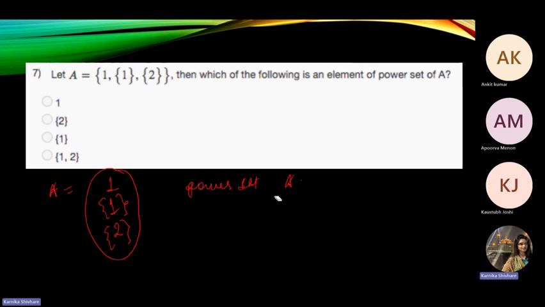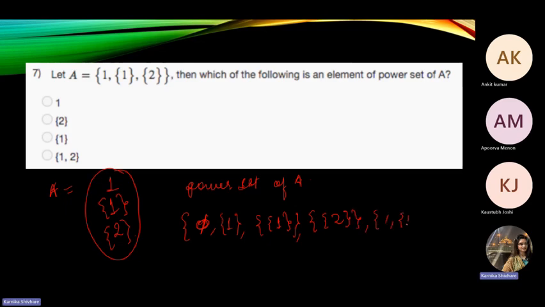Now the power set of A will have phi. This is a set which contains all possibilities. So that is phi, then {1}, right? Then a set which contains the second element, that is {1}. Then a set that contains only the third element, that is {2}.